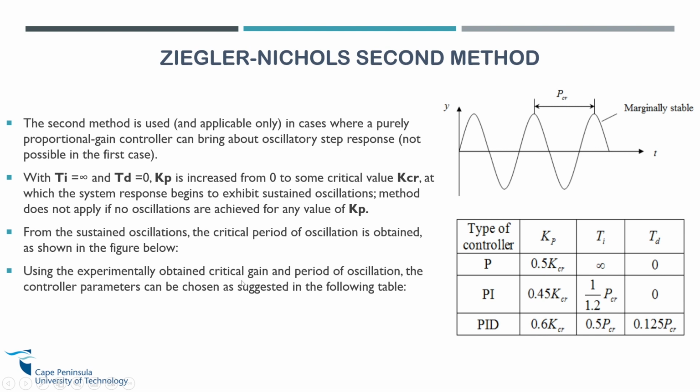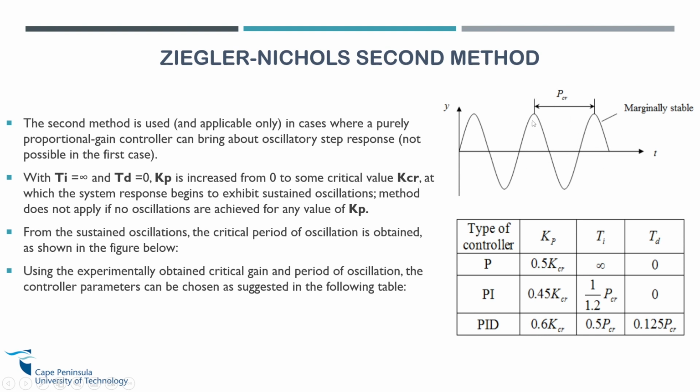From a sustained oscillation, as you can see here, what do we get? We get a critical period, which is your PCR. So we keep on adjusting our gain. That value becomes your KCR.